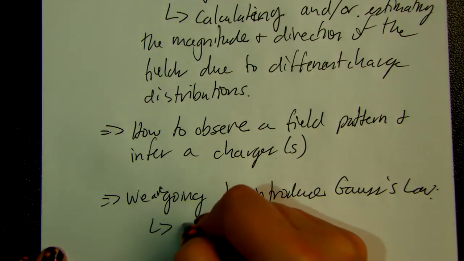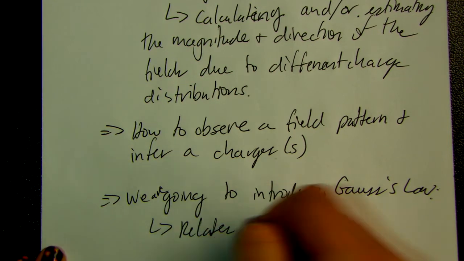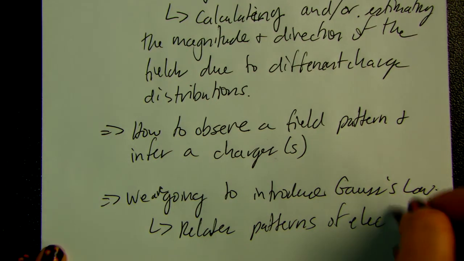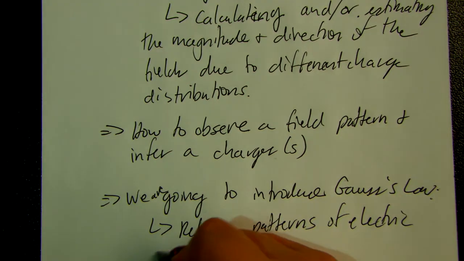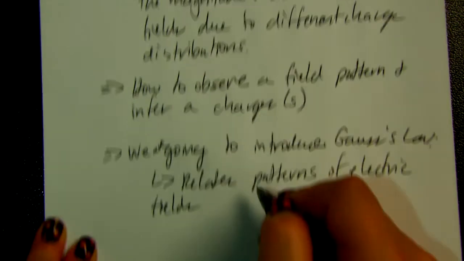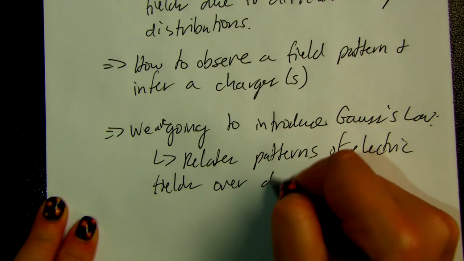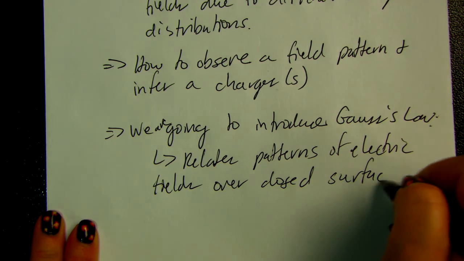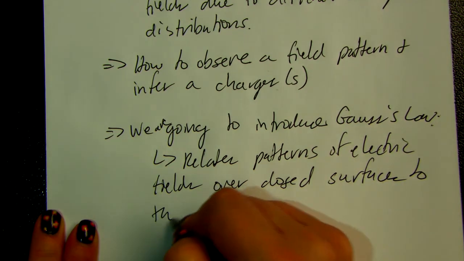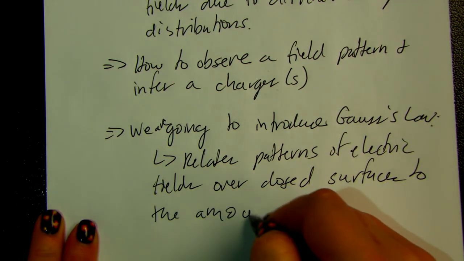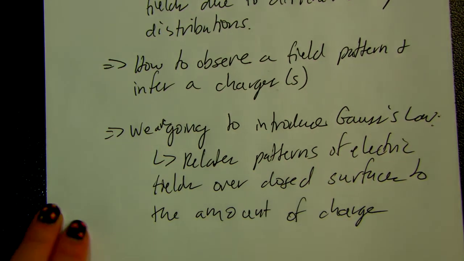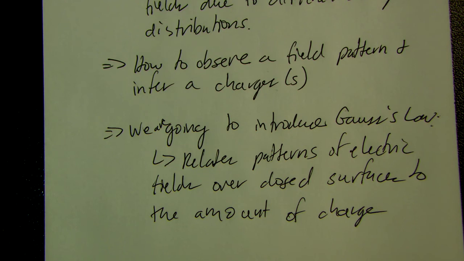So what this will do is it relates patterns of electric fields over closed surfaces to the amount of charge. So that is the crux of Gauss's law and what it does.